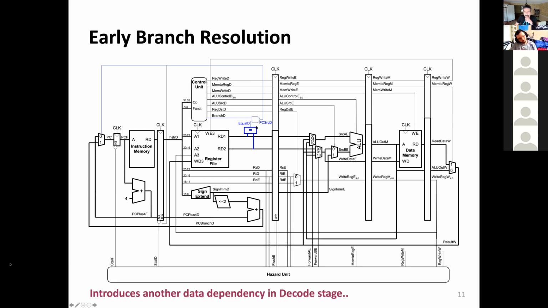Maybe we could add additional components to check the equality of these two values and generate this PCSrcD right in this second stage, instead of waiting for the ALU in the next stage and doing this comparison in the fourth stage.